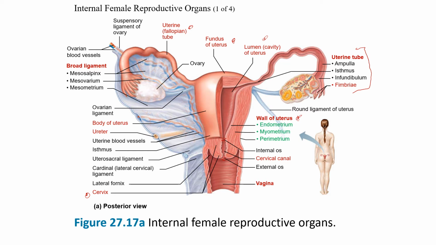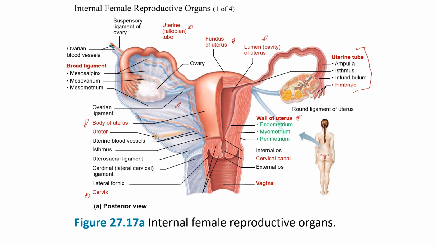Okay, there's the body of the uterus. You can see that in the broad ligament, that's this big thing, in the broad ligament, we're going to see the fallopian tubes, we're going to see the ovary, the ligaments.